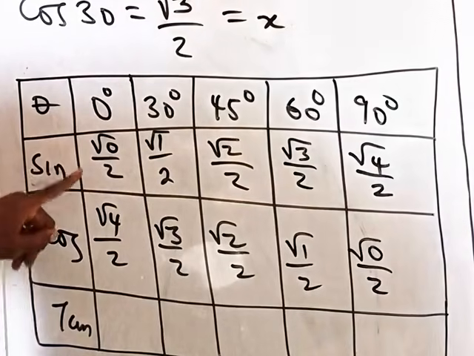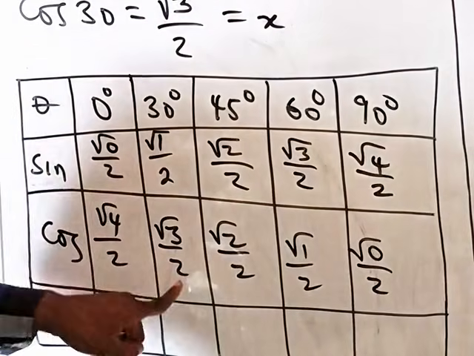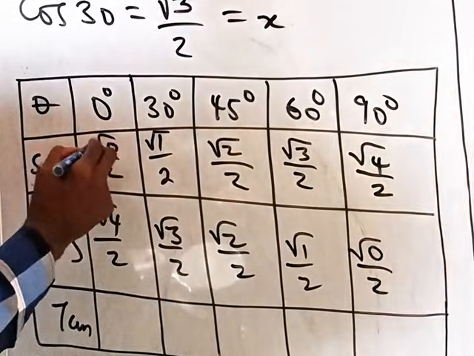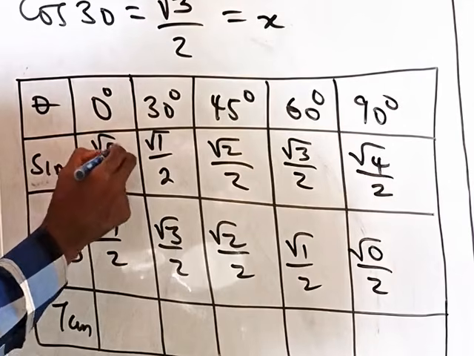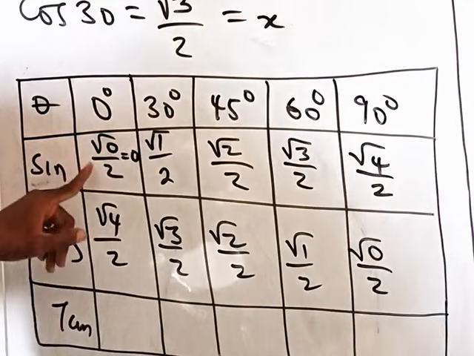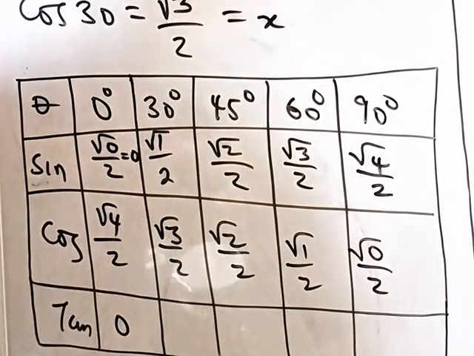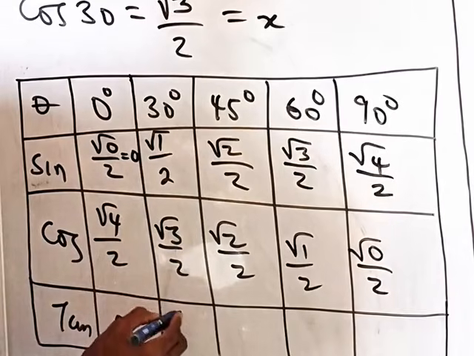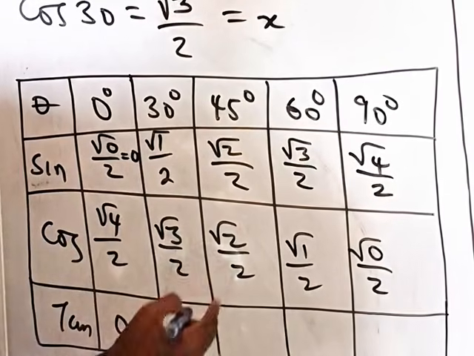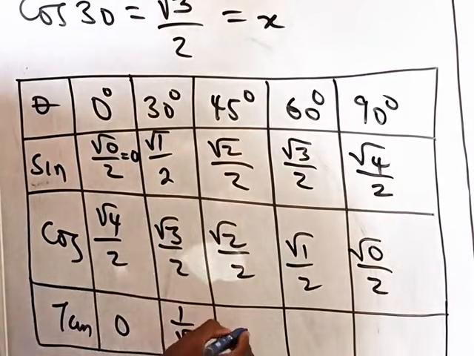So I'll just divide this by this. Root 0 is 0, divided by 2 is 0. 0 divided by any number is 0. This divided by this is going to give me 1 over root 3. This divided by this, they are the same, will give me 1.